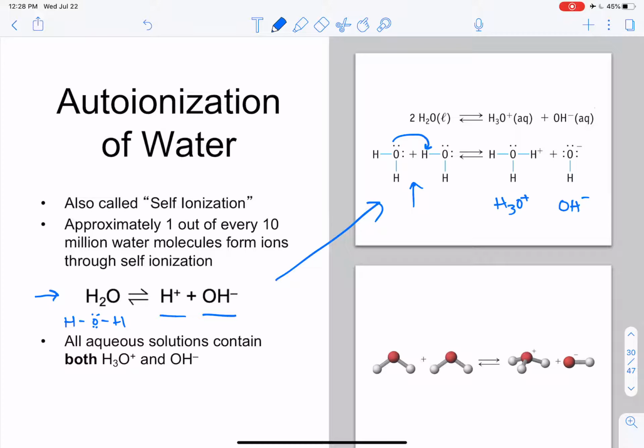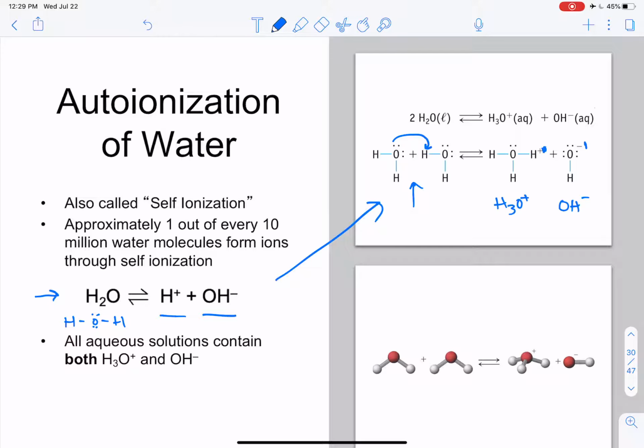All right, so autoionization, also called self-ionization. So we're taking a couple of waters and we're changing them into ions. So you can see that we've got a +1 charge here, and we've got a -1 charge there. So we've got ions. And this doesn't happen very often.